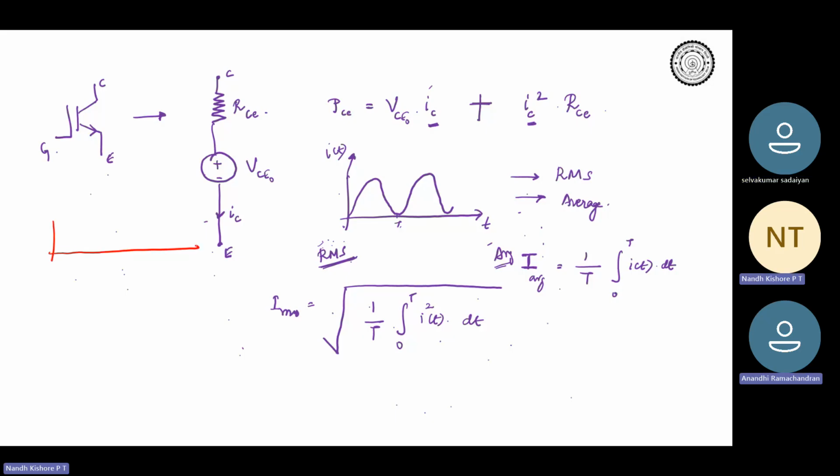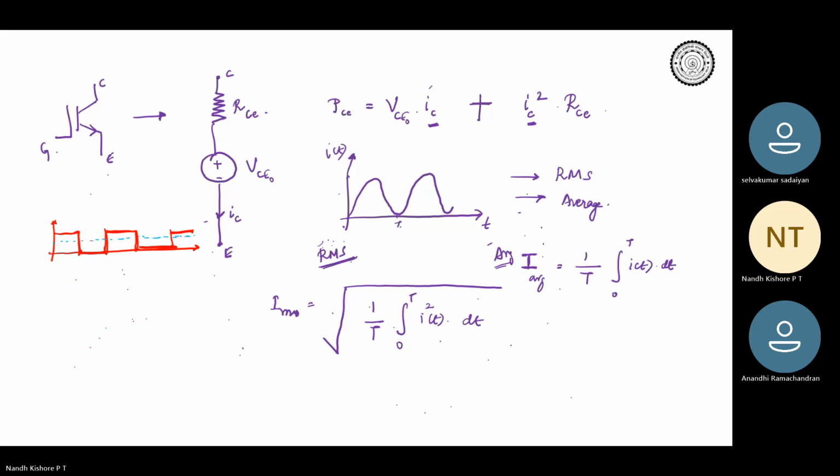See, I will tell you, it's from the definition. I think we studied this. What is the definition of root mean square? Why does root mean square come into play? Let me say I have a waveform, something like this, a periodic square waveform. So what is the average? Average will be somewhere over here, something like this.